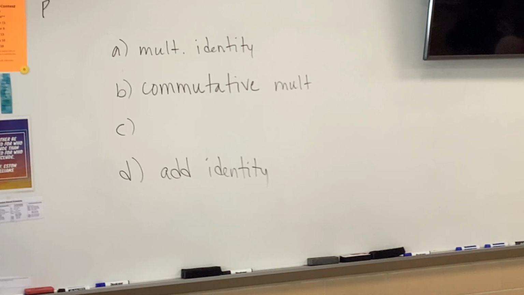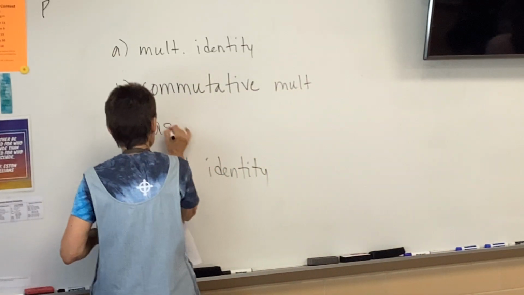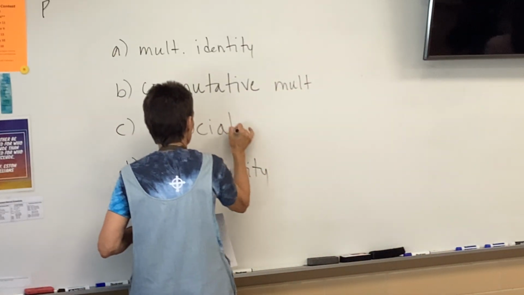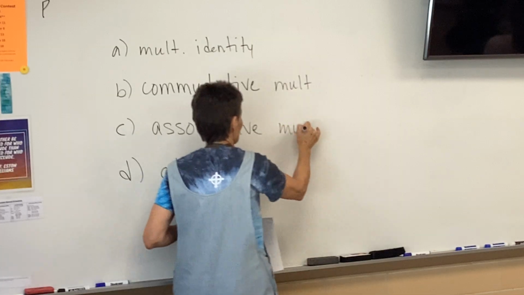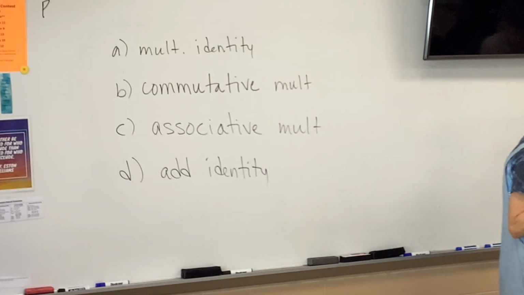So C is the associative property. The order didn't change. Nobody moved. They got regrouped. When my mom used to tell me, I don't want you associating with that person, what she meant is don't be in their group. Stay out of their group. So associative property groups things.